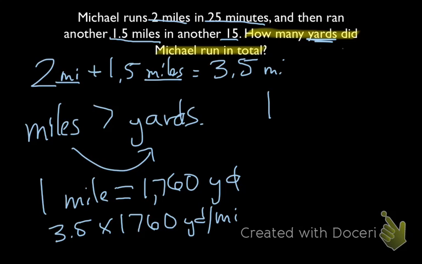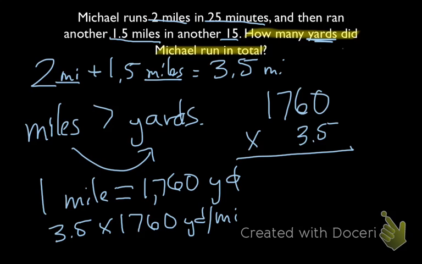We can set up a standard algorithm, 1,760 times 3.5. 5 times 0 is 0. 5 times 6 is 30. Carry the 3. 5 times 7 is 35, plus 3 is 38. 5 times 1 is 5, plus 3 is 8.